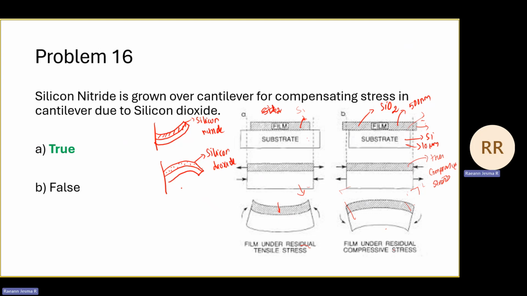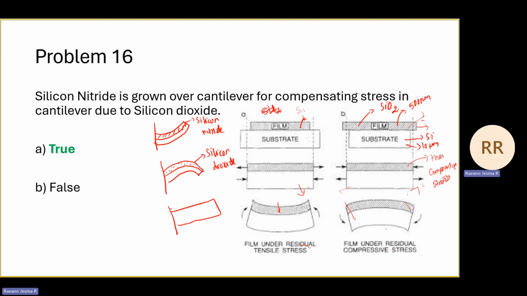But when we fabricate cantilever structures, we don't want this kind of bent structure because our performance will vary. Since silicon dioxide has compressive stress, we can deposit a material that has tensile stress, so the overall stress gets compensated. To achieve this compensation, we have to adjust the thicknesses of the silicon nitride and silicon dioxide layers accordingly.